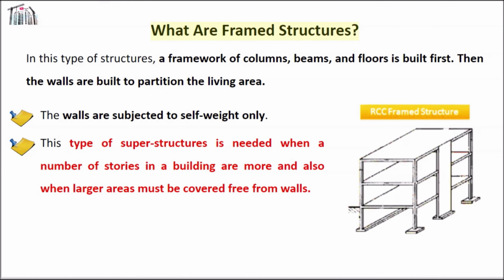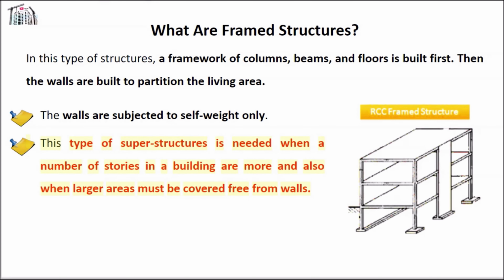What are framed structures? In this type of structure, a framework of columns, beams, and floors is built first. Then the walls are built to partition the living area. The walls are subjected to self-weight only.